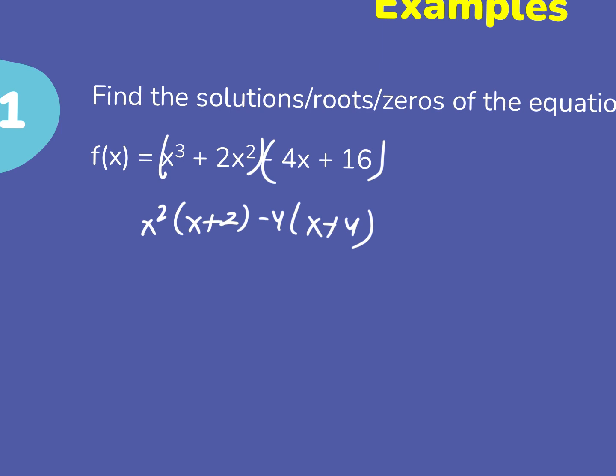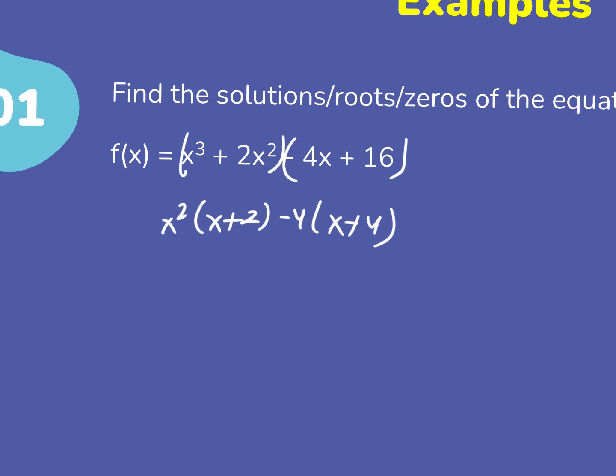So now you're like, okay, since grouping doesn't work, my next solution would be P over Q. What is your P term? 16. So your factors of 16: plus minus 1, plus minus 2, plus minus 4, plus minus 8, plus minus 16, correct? What's your Q term? 1. All right, that makes our life a little easier.